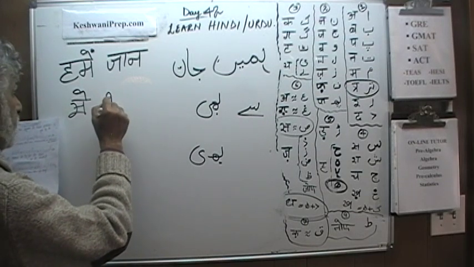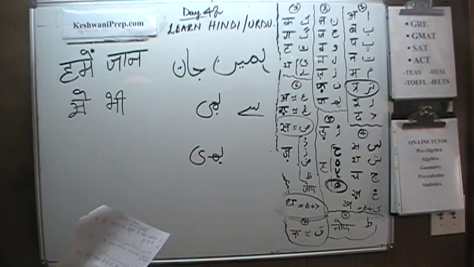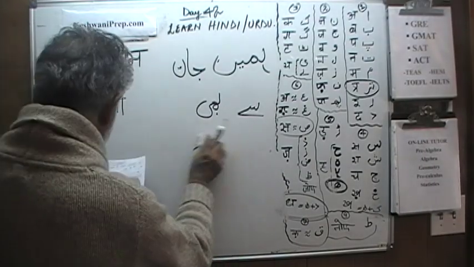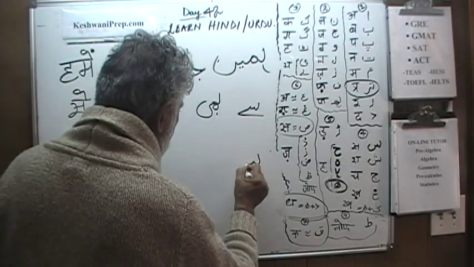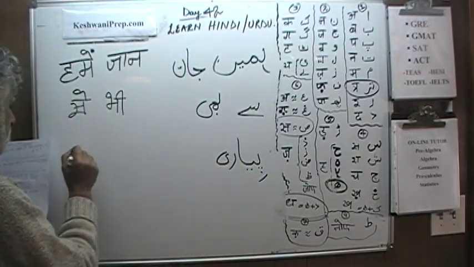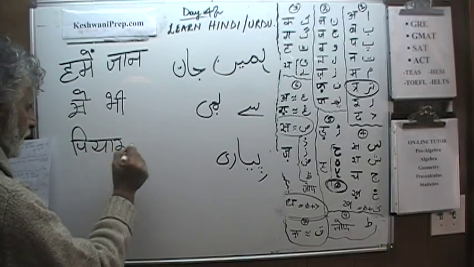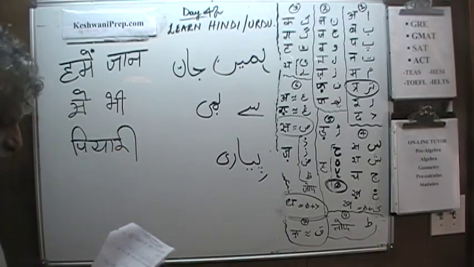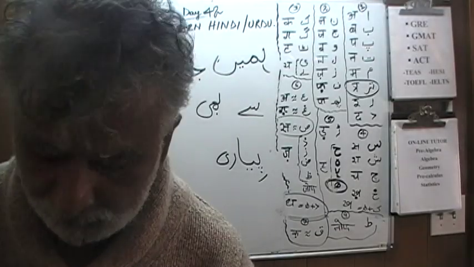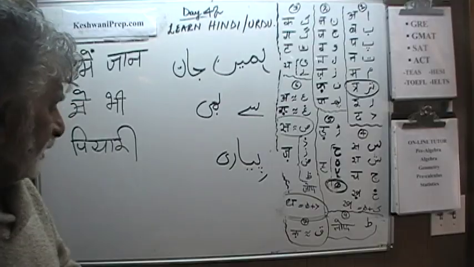Ba. Hamein jaan se bhi pyaari. P-ya-ri, badi ki matra. It begins with the choti ki matra and ends with the badi ki matra, pyaari. Hamein jaan se bhi pyaari.